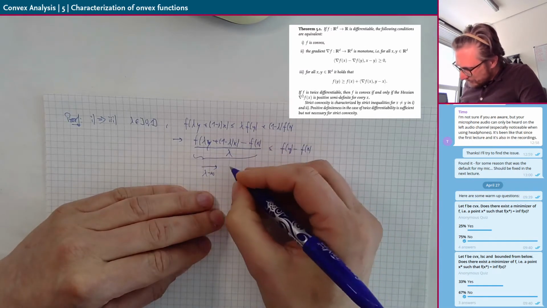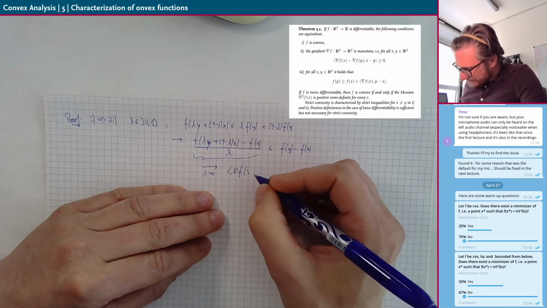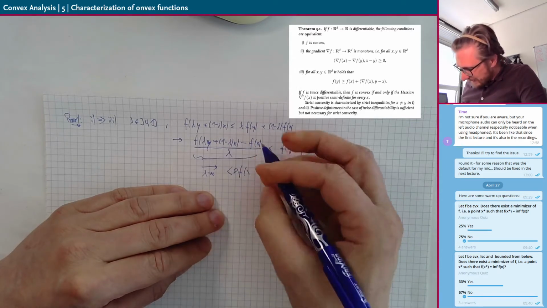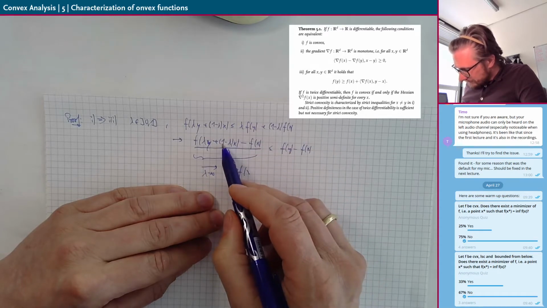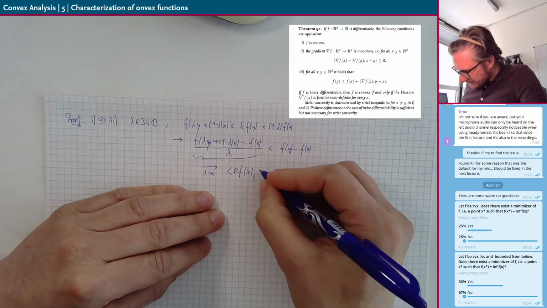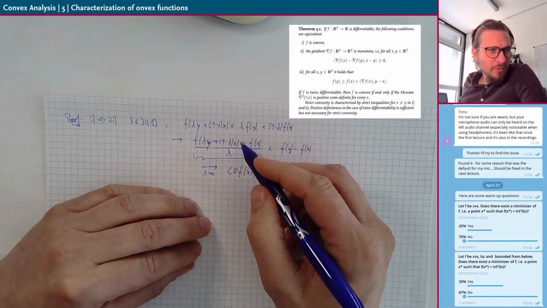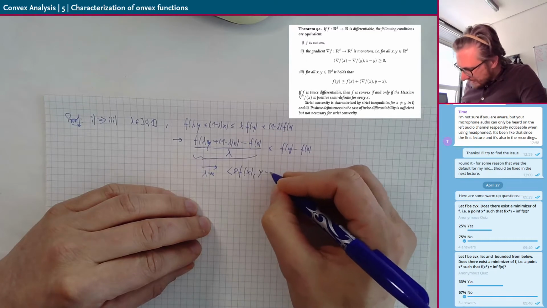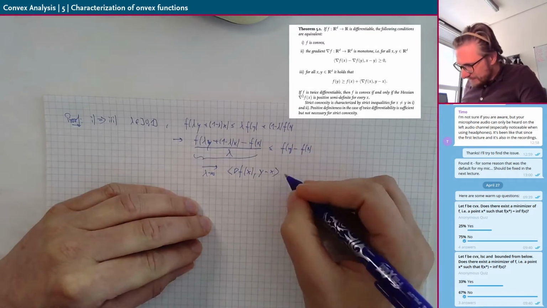This converges to the directional derivative, and in case of differentiability, at that point for lambda to 0, this goes to the point x, f of x, and then the directional derivative, then the direction to which this points is y minus x as we need it. Okay, so this is this direction.